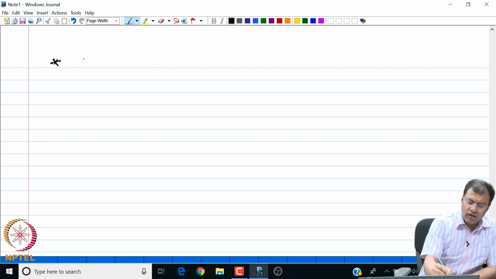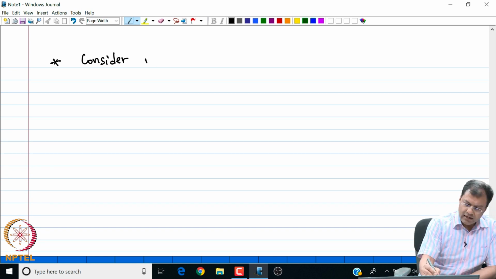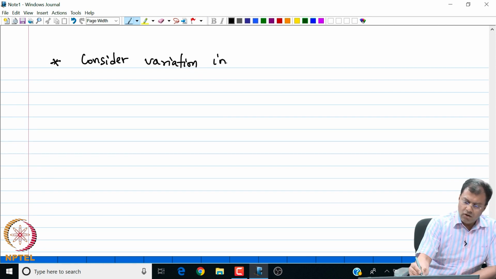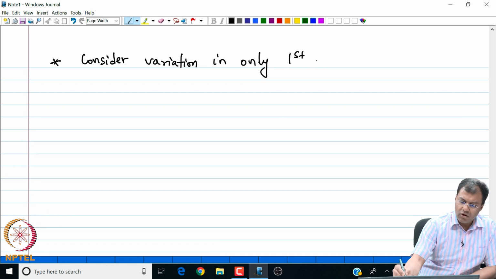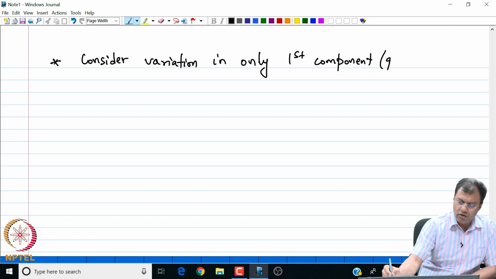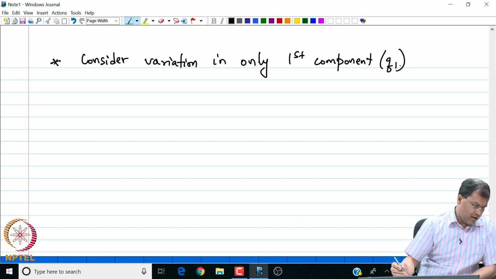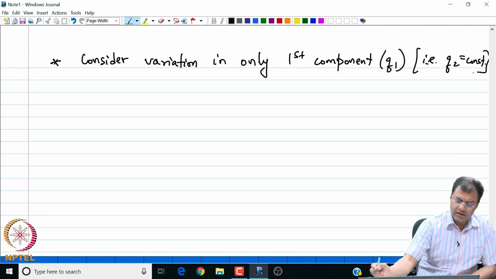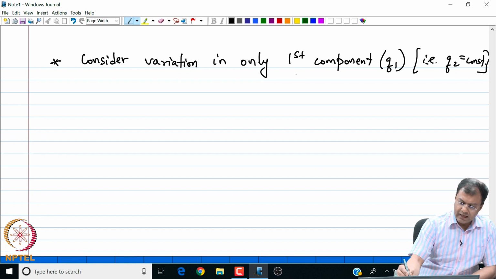What I said is the following. Consider the variation in only the first component, let us say q1, which means we are holding q2, the second component, constant.